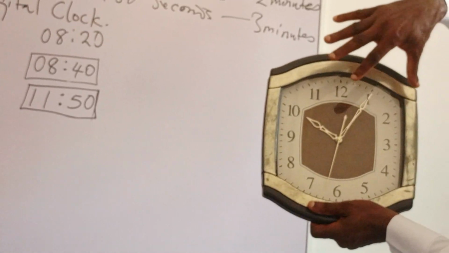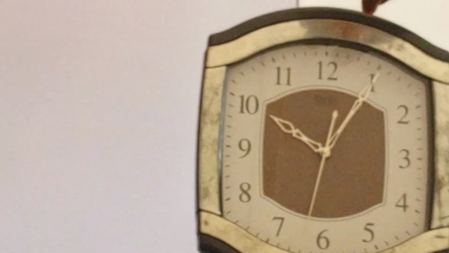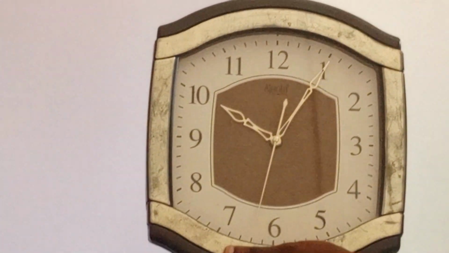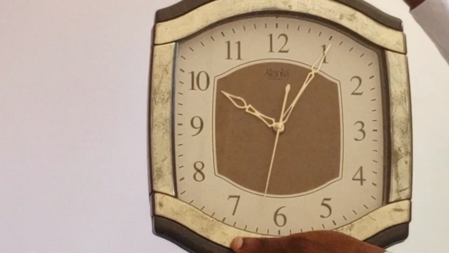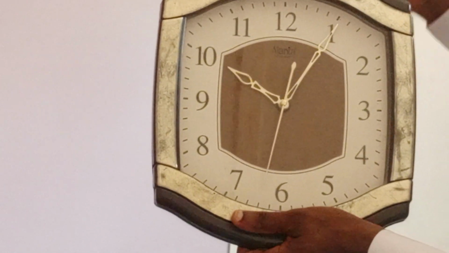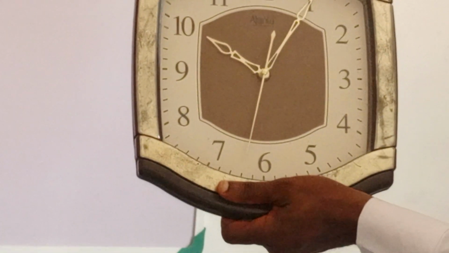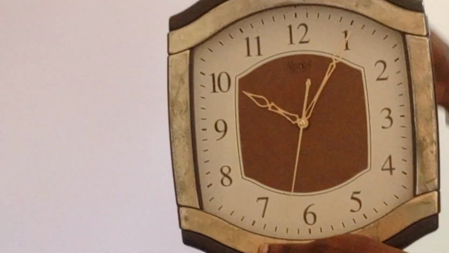It is from this minute movement that we can start telling the time. Like at this point, we say 5 minutes past 10. It was 10 o'clock, 5 minutes past 10.